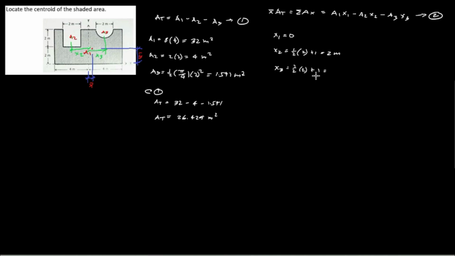So 1/2 of 2 is 1, plus 1, or 2 meters. So the distances are x1 is 0, x sub 2 is 2, and x sub 3 is 2 meters.